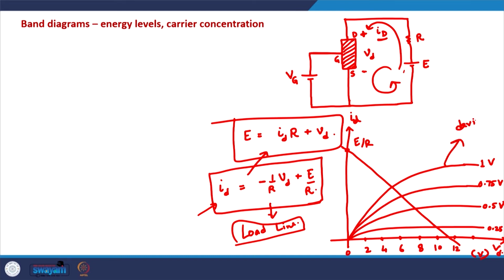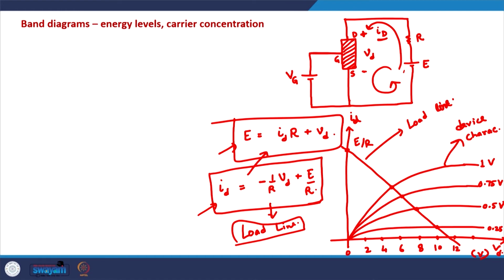So, these are the device characteristics lines, this is the load line, and the operating point will be at the intersection points, because at the intersection points both KVL and device characteristics are satisfied.